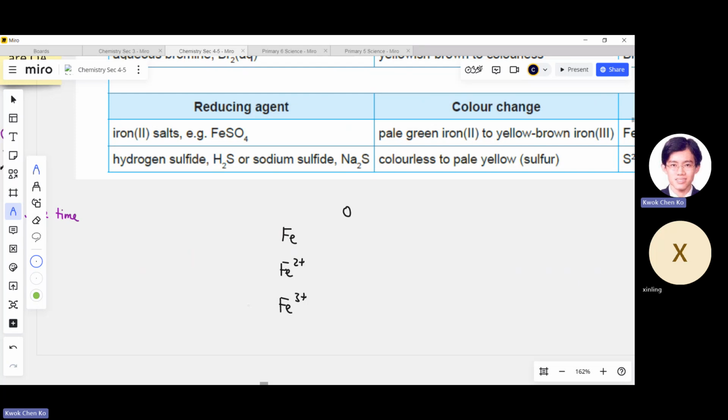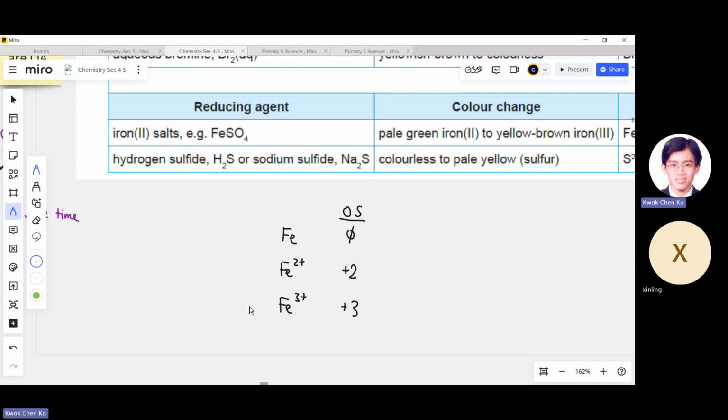Now, of course, I can tag an OS to them. Michelle, OS for Fe? Good. This one has a charge, it's an ion. You should write it as +2 for OS. And of course, the last one is +3.